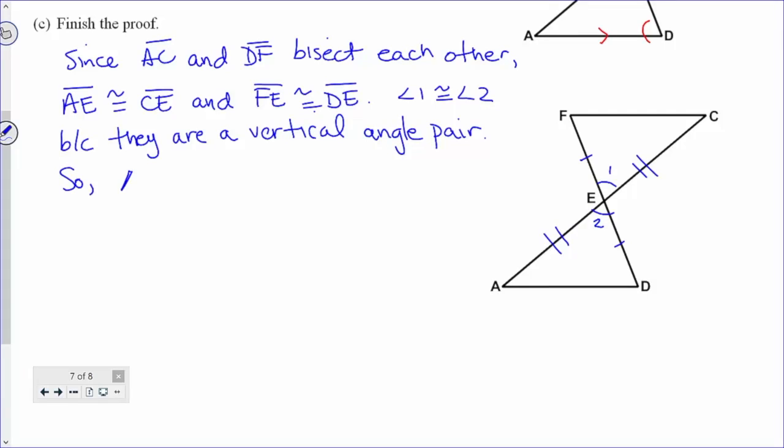So, triangle FCE is congruent to triangle, be careful, F goes with D, C goes with A, E goes with E, so triangle DAE by side angle side.